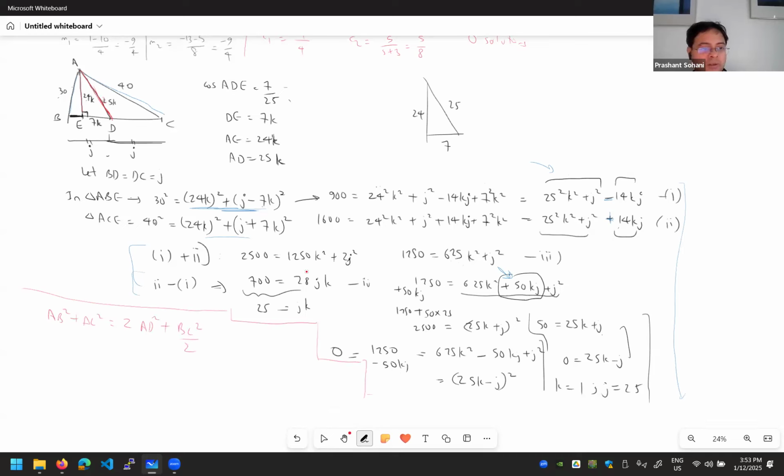So if I do that, maybe some of this calculation will get simplified, because AB square plus AC square is just 50, right? 50 square is equal to 2 times, AD we have assumed as 25k, so 625k square, and instead of BC square by 2, BC is 2 times j, right? So you see that it will be 4j square divided by 2, so effectively 2j square.